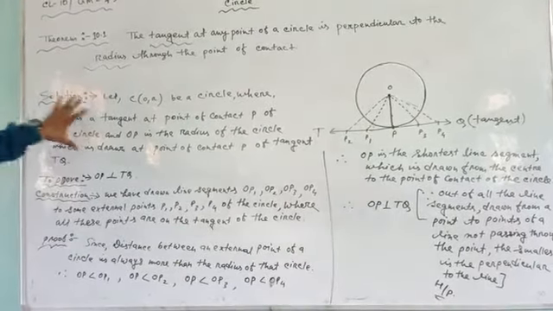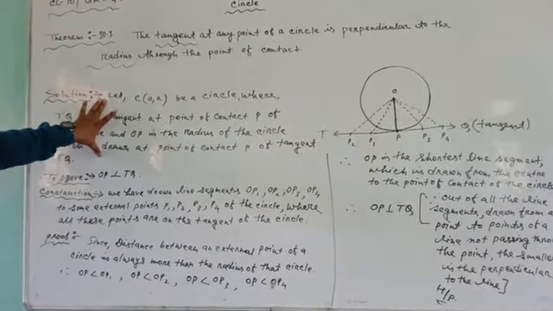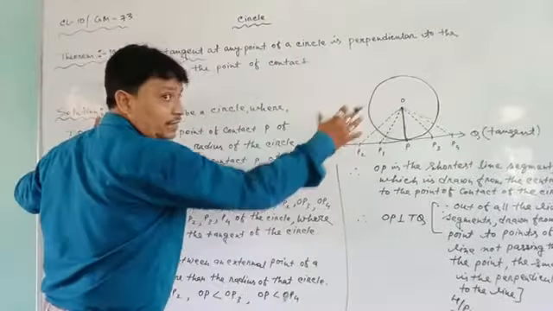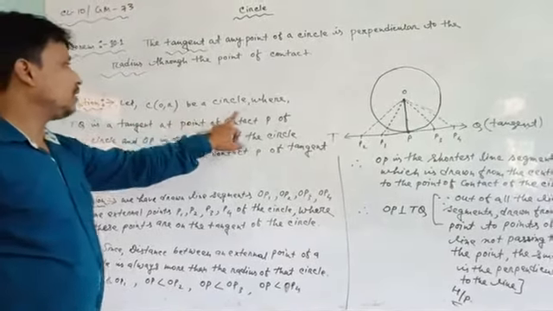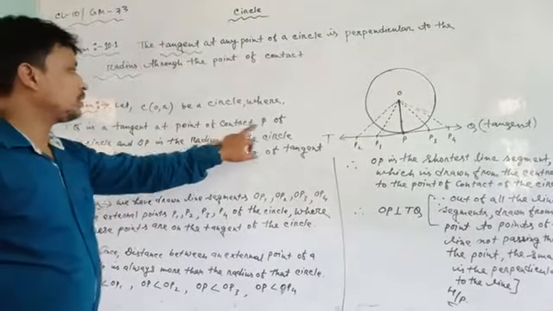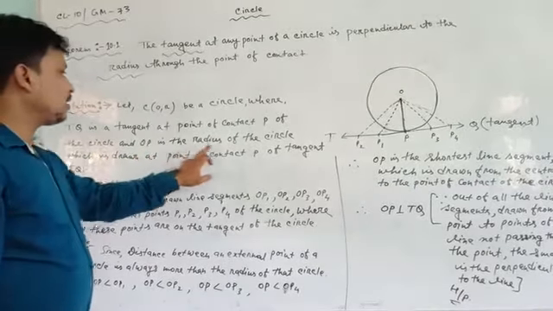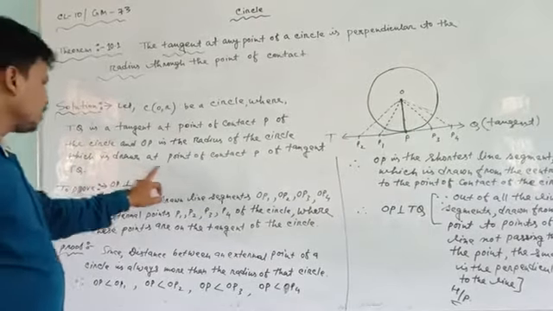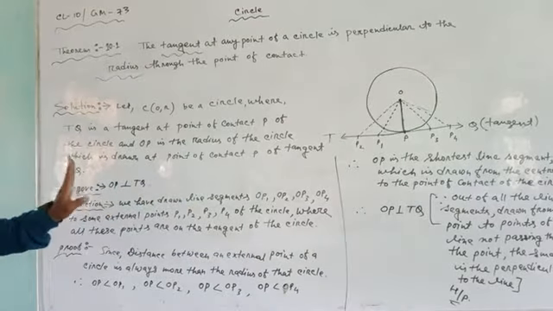The first part is the introduction of the diagram. We have written: let a circle with center O be given, where TQ is a tangent at the point of contact P of the circle, and OP is the radius of the circle drawn at the point of contact P of the tangent TQ.